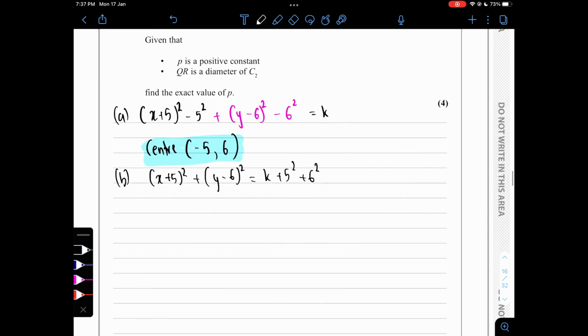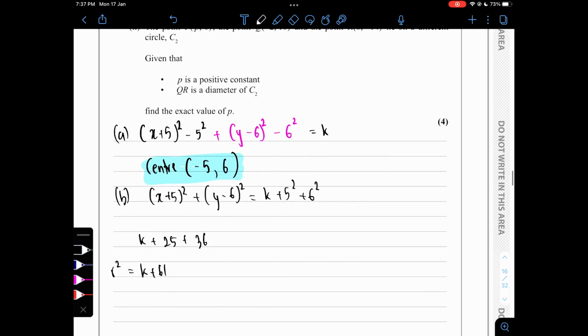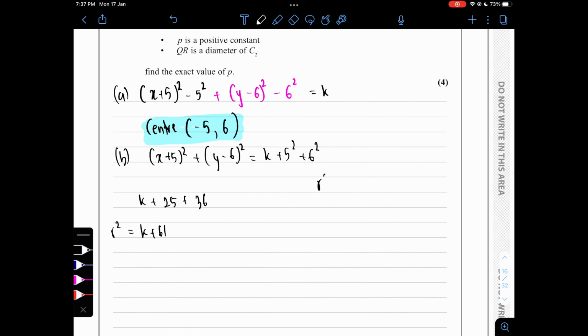So what is it? It's k plus, 5 squared is 25, plus 36. So k plus 61 is our r squared. This is our r squared. Now what do we know about squared values? That r squared has to be greater than 0, right?